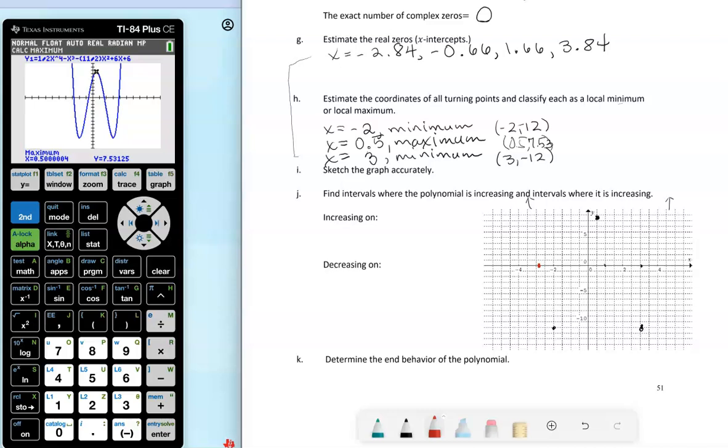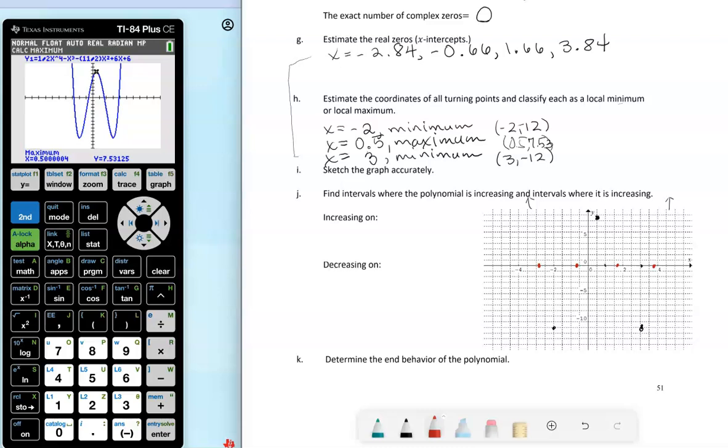So here's -1. There's -1/2, so it's roughly right here. Then 1.66. So that's 1.5 at this place, so 1.66 is roughly there. And 3.84. So this is 3, this is 3.5, so 3.84 would be roughly here.